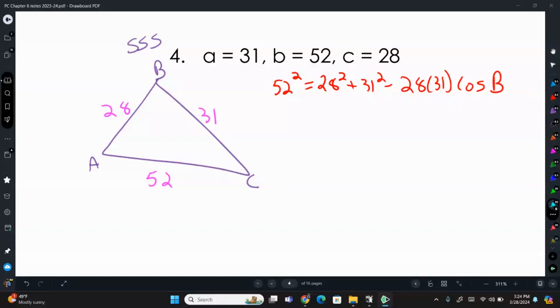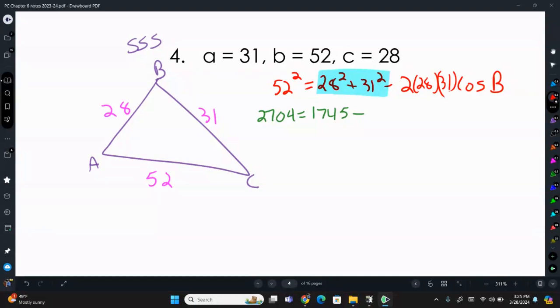Now, we can't type all this in the calculator because we don't know what B is, but we can type in this part into the calculator. So 52 squared is 2,704, and 28 squared plus 31 squared is 1,745, minus, this should be 2 times the 2 sides.